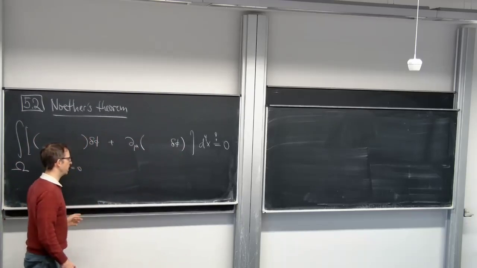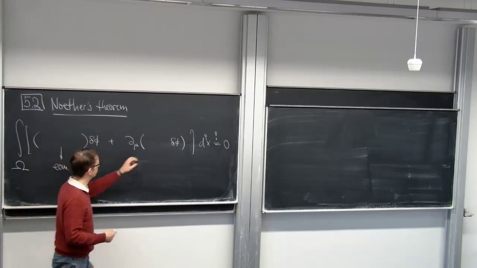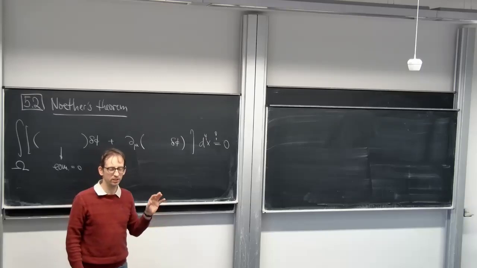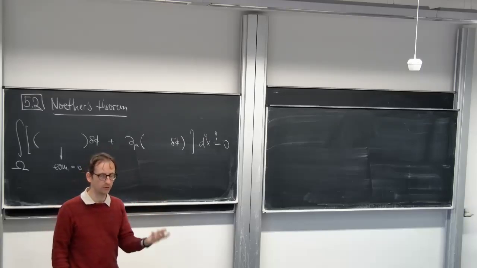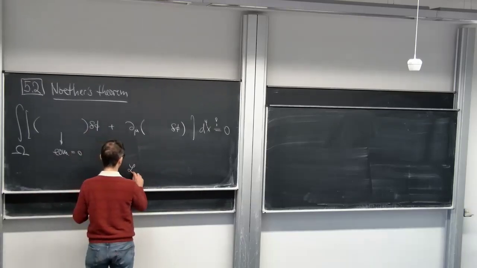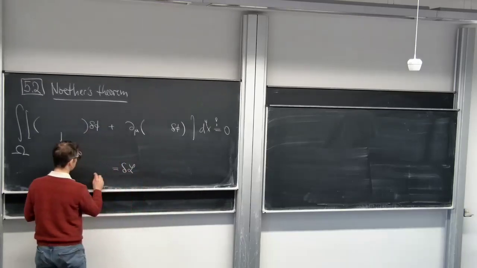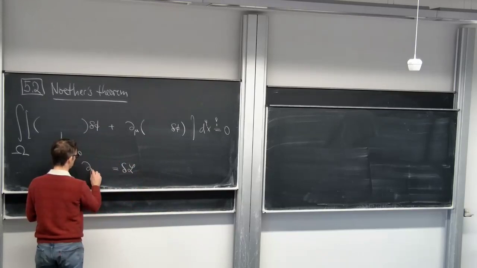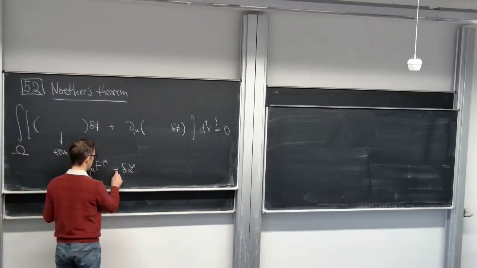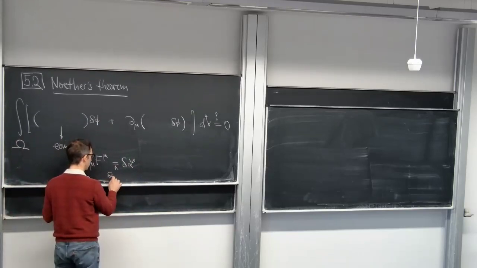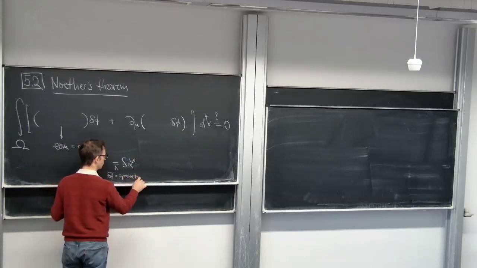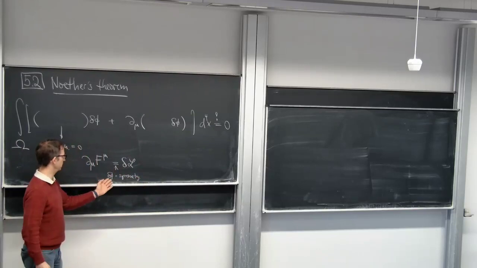So if for some reason you had a very specific variation where the variation of the Lagrangian is also a four divergence, but without using the equation of motion, we said: if the variation of L is some four divergence, some F, and here delta phi is a particular variation, then this is a definition.